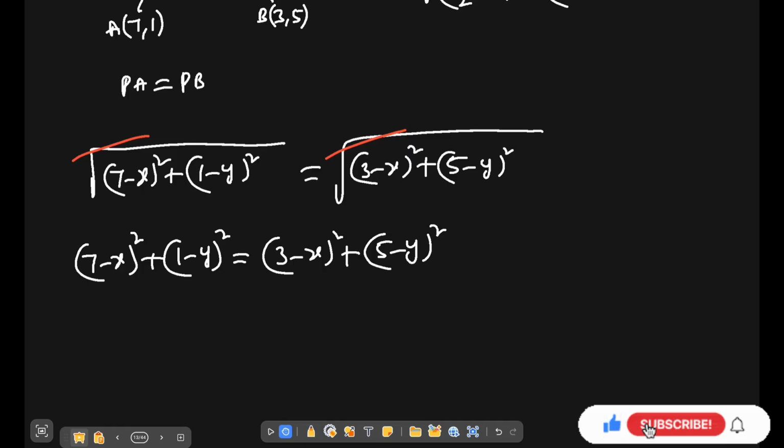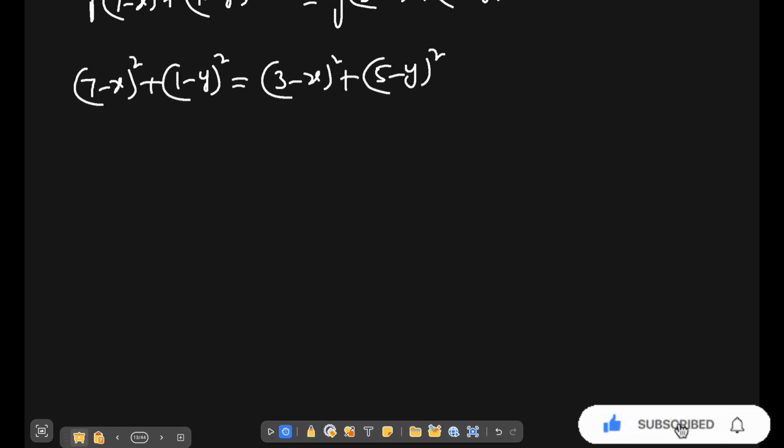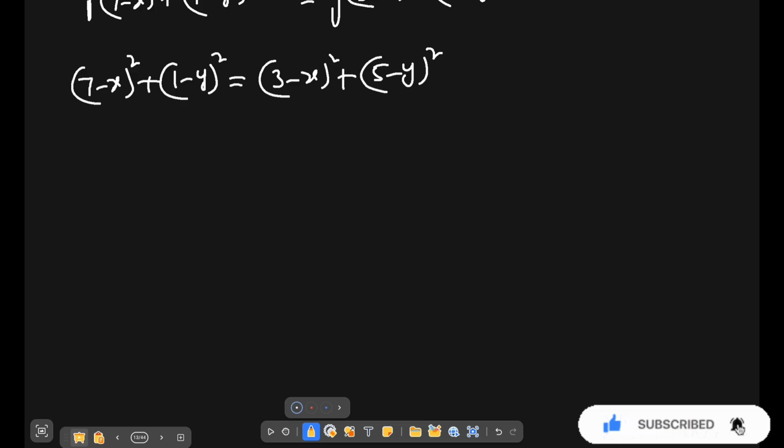Apply the a minus b whole square formula on the left side and right side. Here a square plus b square minus 2ab, minus 2 into 7 into x. For the y part, a square plus b square minus 2ab, 2 into 1 into y.